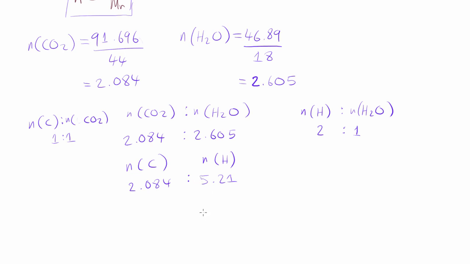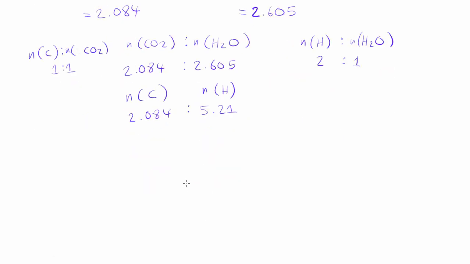And remember what we're trying to do is get the simplest whole number ratio. Obviously in the current situation, we do not have a whole number ratio, right? But we need the whole number ratio.